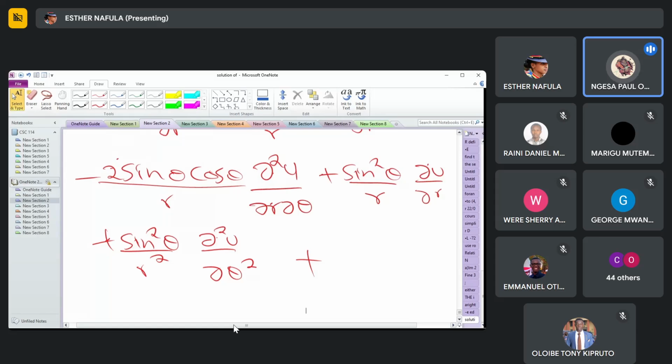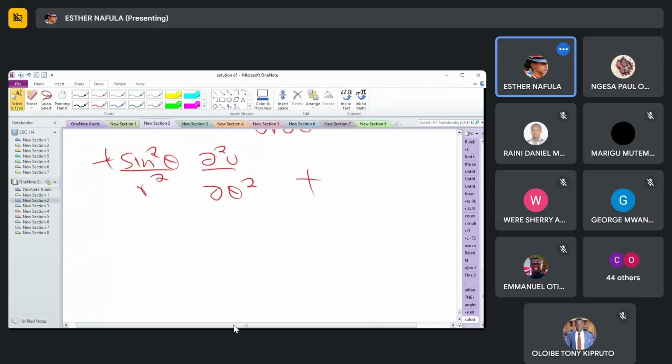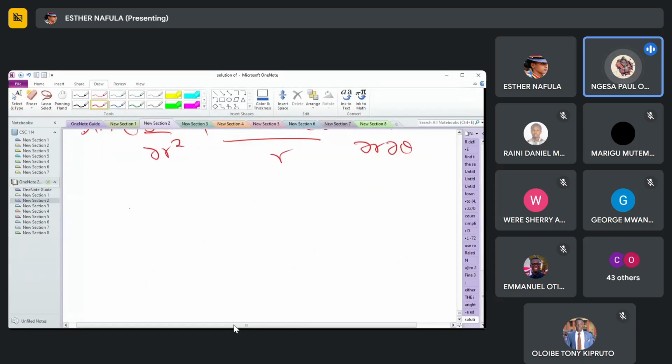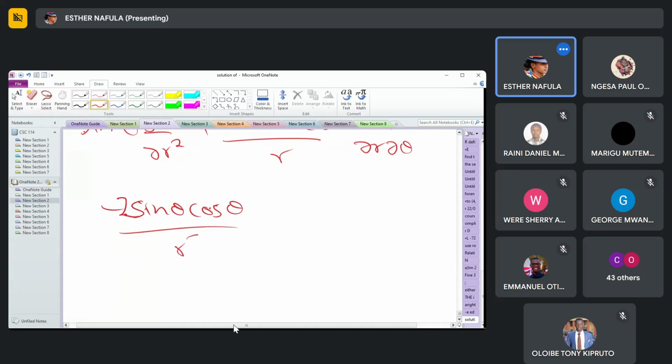And then for partial u partial y, we have sin squared theta partial squared u partial r squared, plus 2 sin theta cos theta over r partial squared u partial r partial theta, minus 2 sin theta cos theta over r squared partial u partial theta.